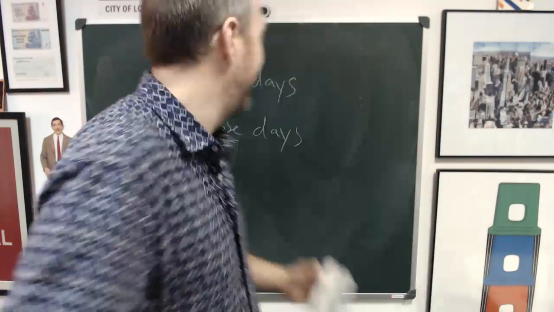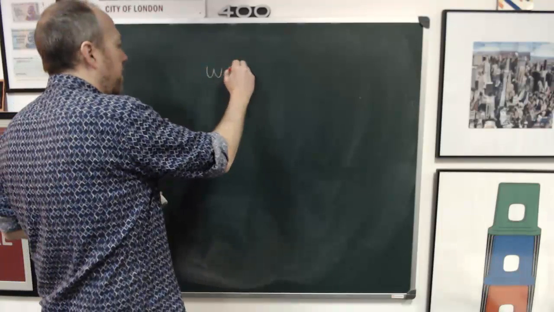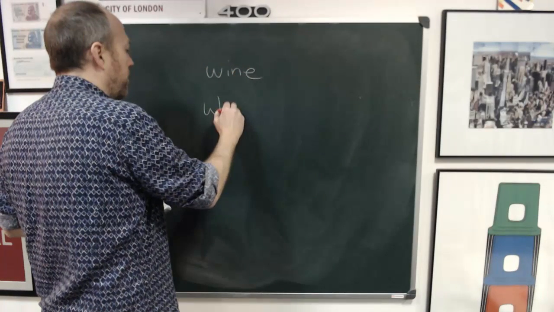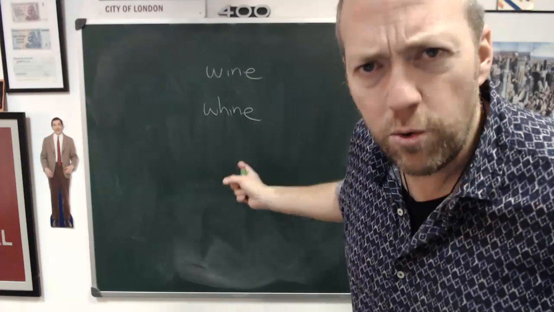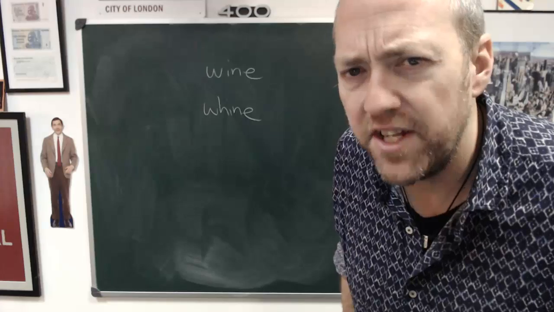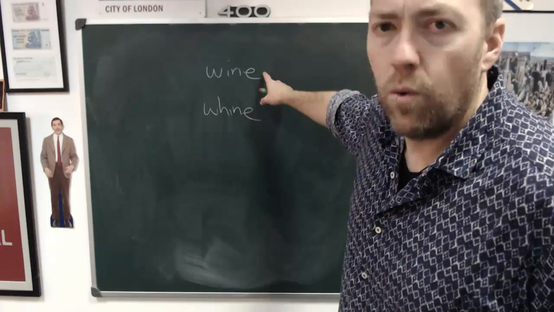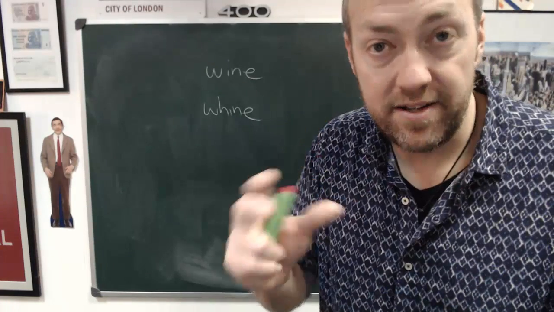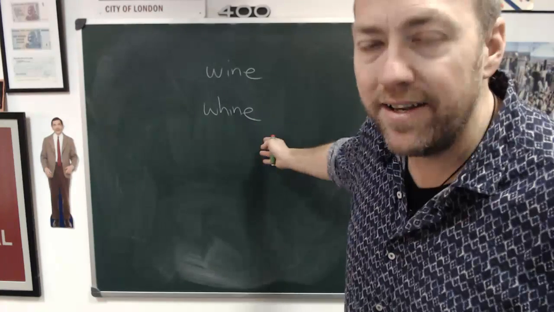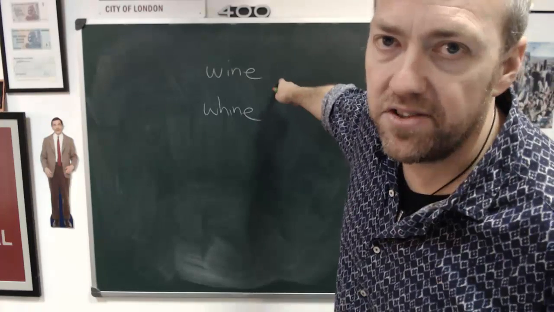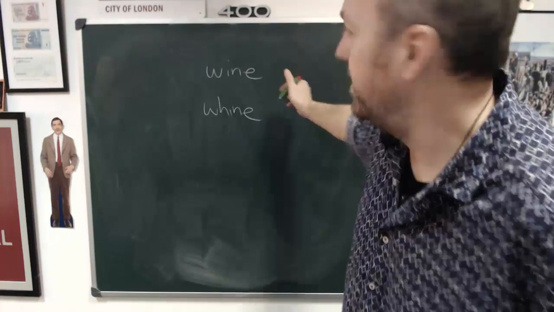I have a question here, a pronunciation question about the difference between wine and whine. Do you know what these words mean? Wine is a drink, okay? Red wine, white wine. So this is a noun.